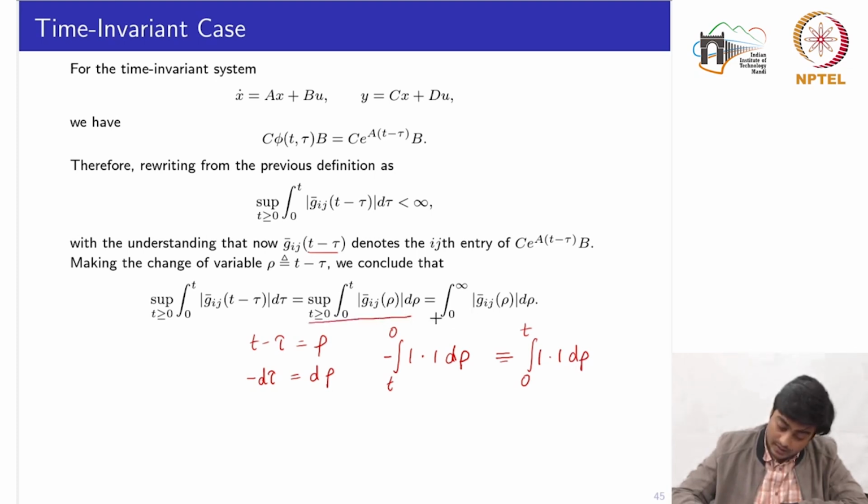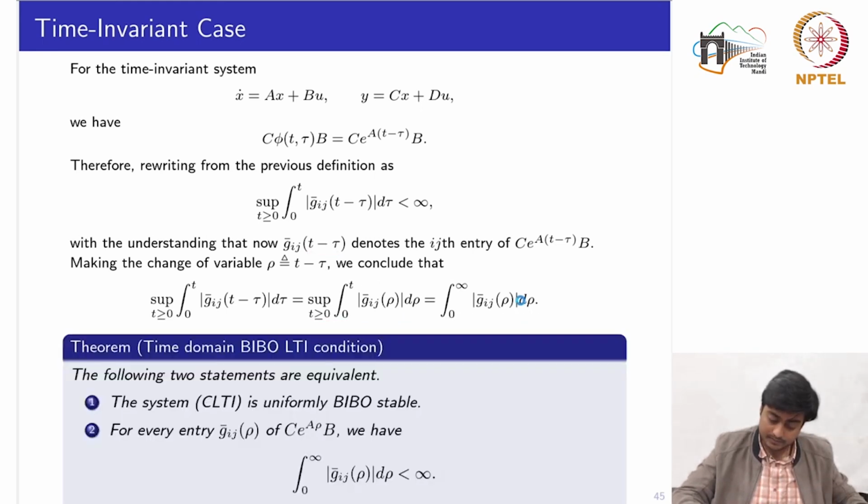Okay. Now if we are taking the supremum for all time t, we can extend this time t up to infinity, which eventually gives us this condition. So this must be bounded.